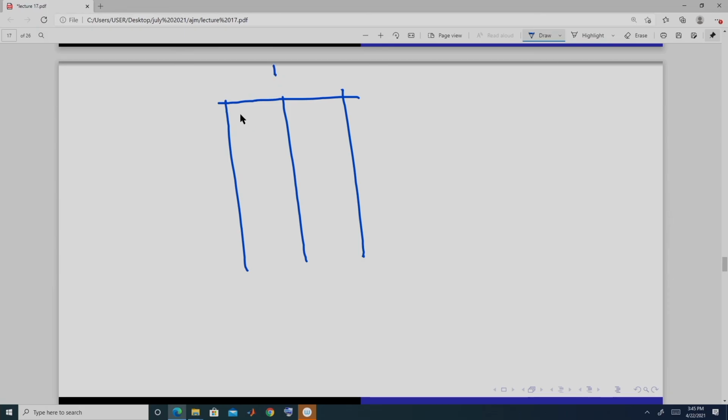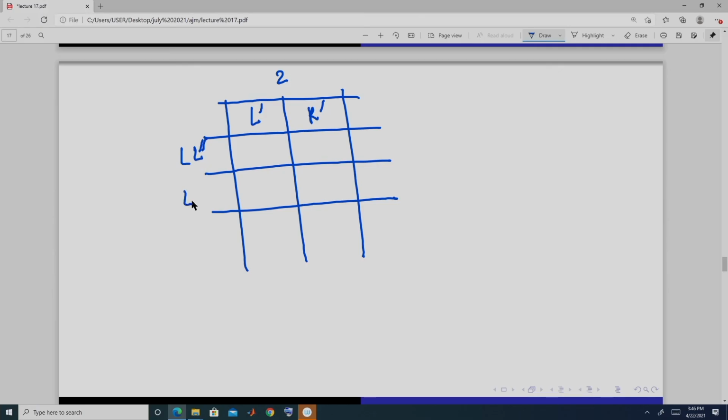So, the normal form game, it is for player 1, this is player 2 L dash R dash, this is L double dash L R double dash R double dash.